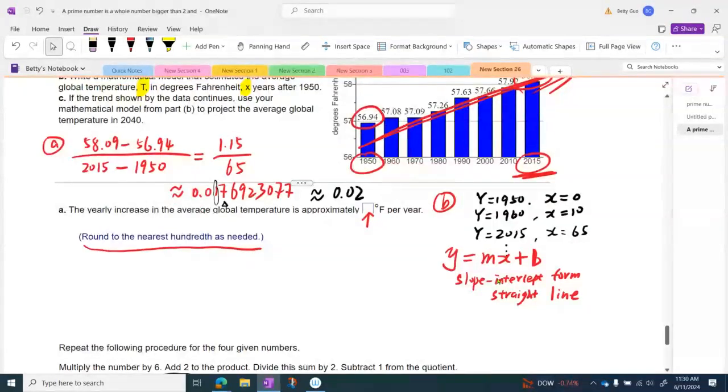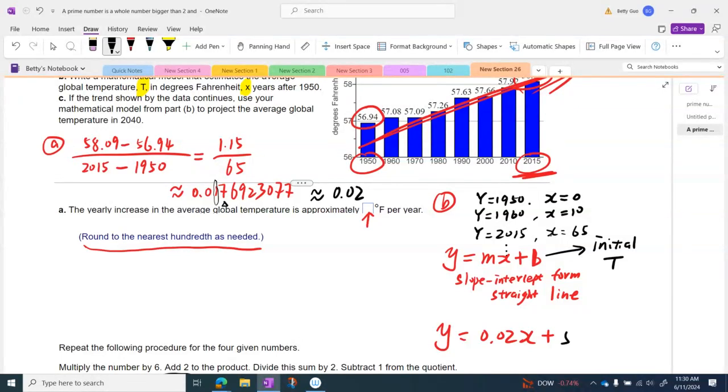And the slope, we already found. Slope is 0.02. And the b here is the initial temperature, initial T. In other words, b is the value of T in the initial year, 1950.